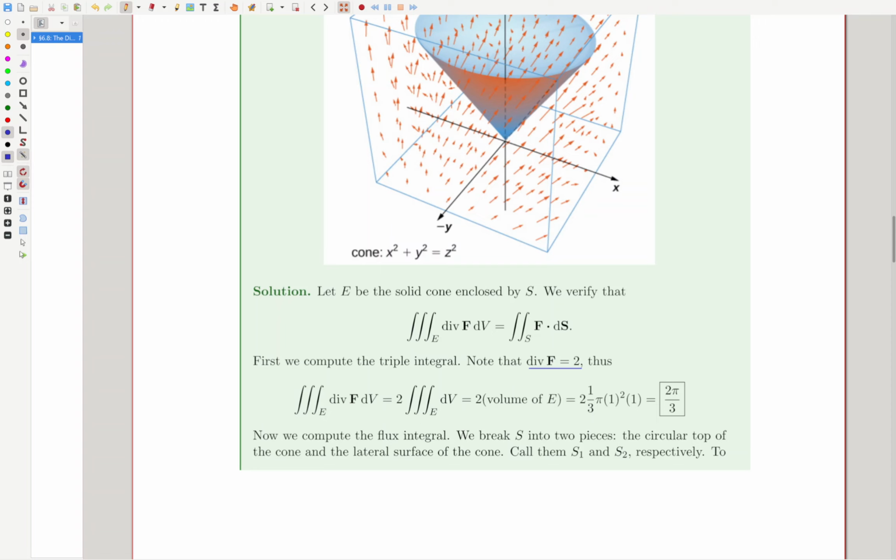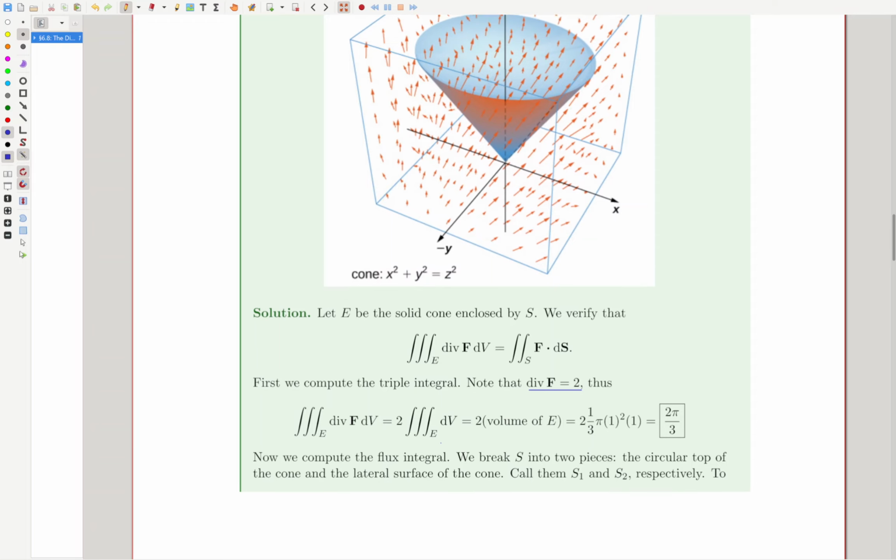The solid cone. We know the formula, or at least I would hope that we know the formula, for the volume of the cone. For all pyramids, it's 1/3 of base times height. Going from cylinder to pyramid, you take 1/3. So 1/3 base times height.